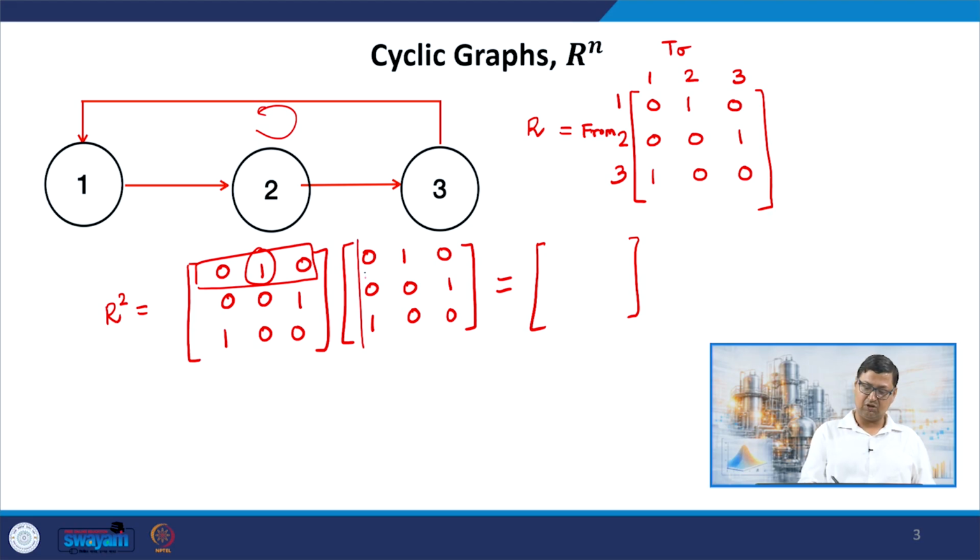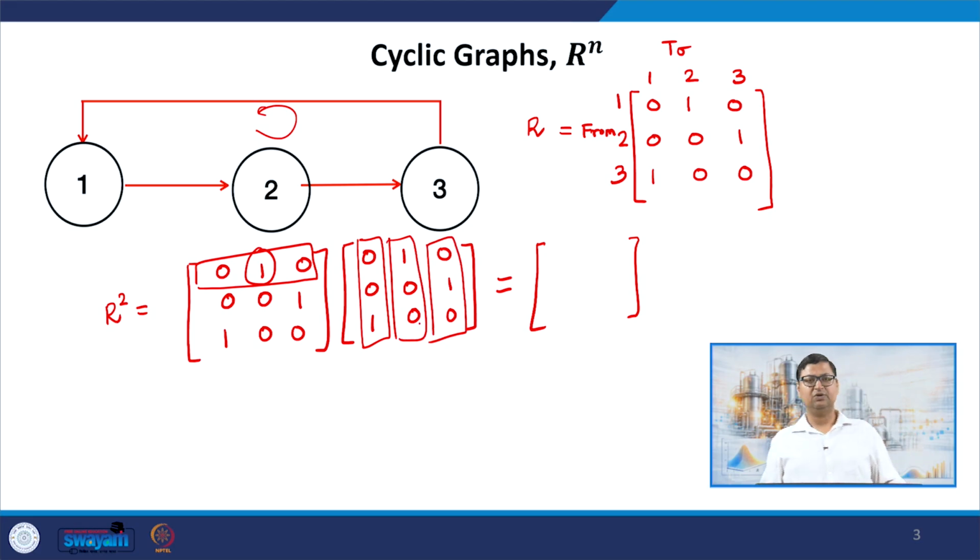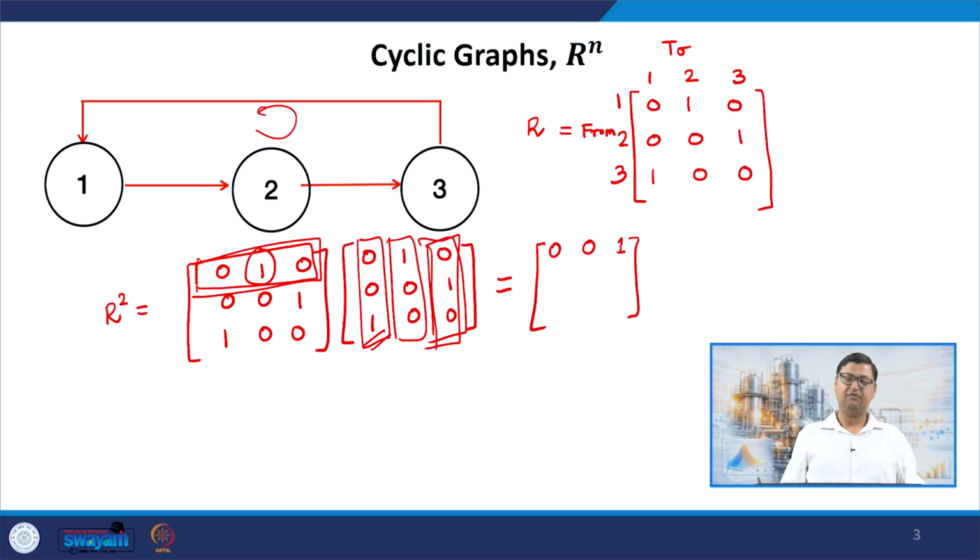So now I look along the columns, and whichever column gives me a second element equal to 1, that corresponding column is going to be 1. Every other column is going to be 0. So if I multiply the first row with the first column, we will get 0 because the second element is 1 here and the third element is 1 along the column. That does not work. The same is true for the second column, but for the third column the second element is 1 both for the first row and the third column. So I am going to put a 1 here.